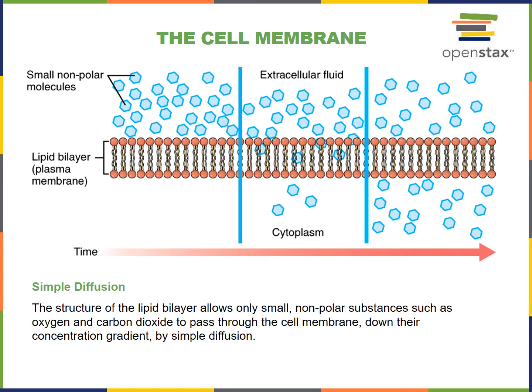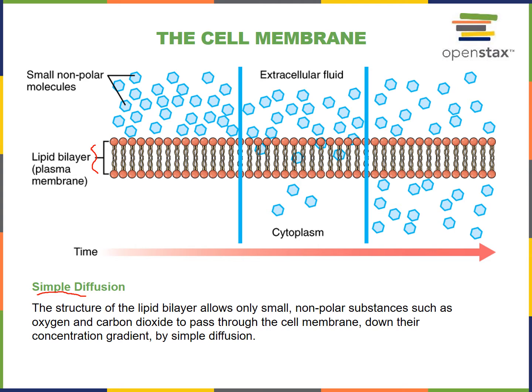This is a cell membrane, and this is the phospholipid bilayer here. This is an example of simple diffusion. The structure of the lipid bilayer allows only small non-polar substances such as oxygen and carbon dioxide to pass through the cell membrane down their concentration gradient by simple diffusion.